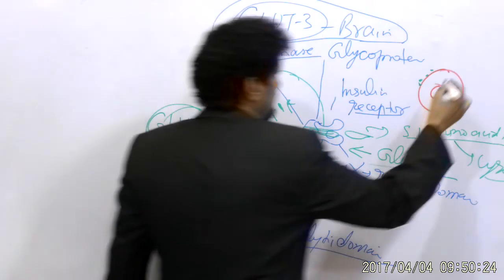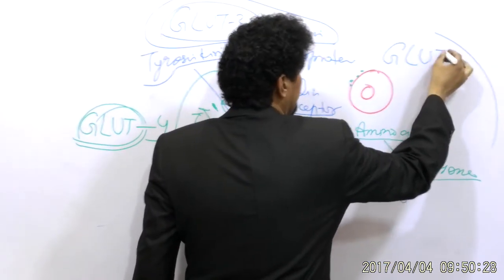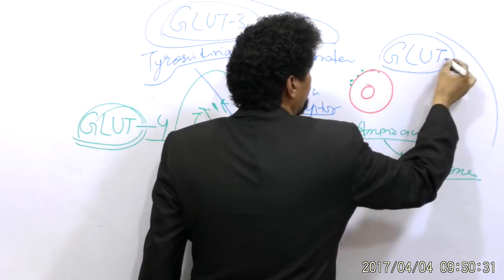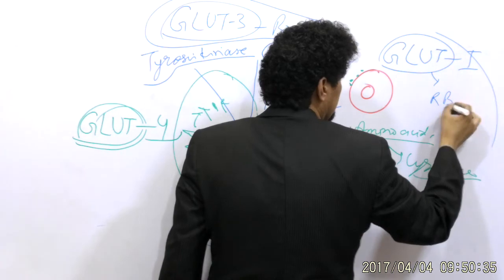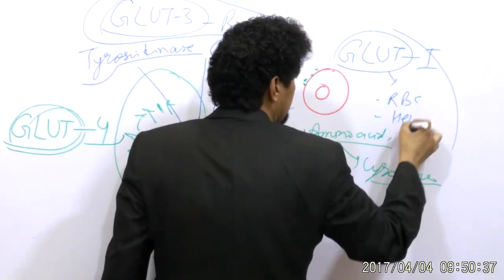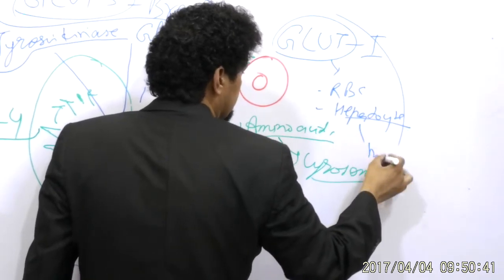GLUT1 is seen in the remaining body cells where the entry of glucose is insulin independent, like the RBCs, hepatocytes, and the intestinal cells.